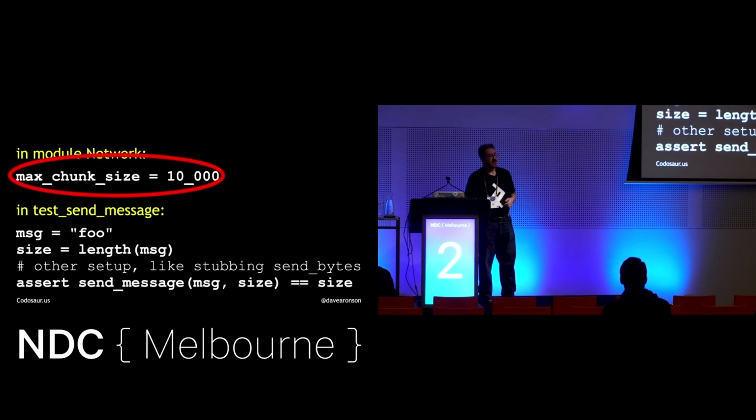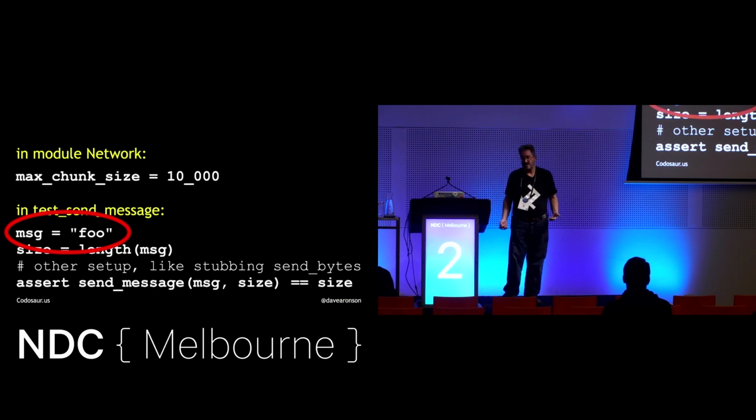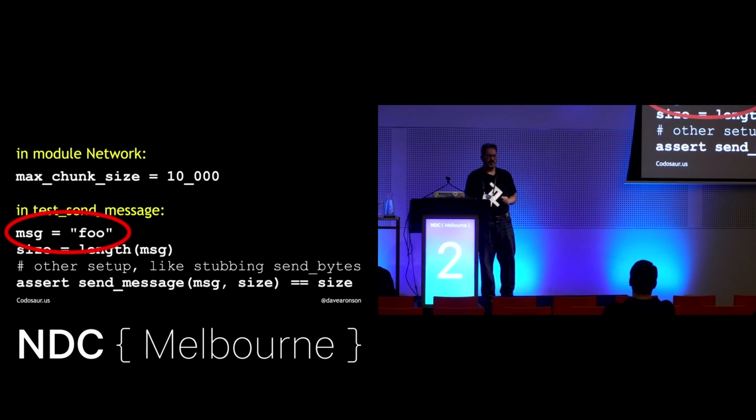For instance, here we see in our network module that the max chunk size, what send bytes can handle in one chunk, is 10,000 bytes, and yet we're only testing with an itty-bitty little 3-byte message. Maybe 4 if we have a null terminator, a little more depending how it's serialized, but almost certainly nowhere near 10,000.